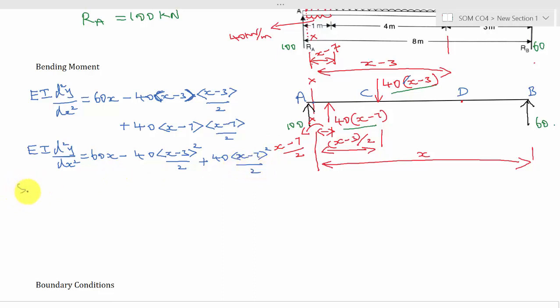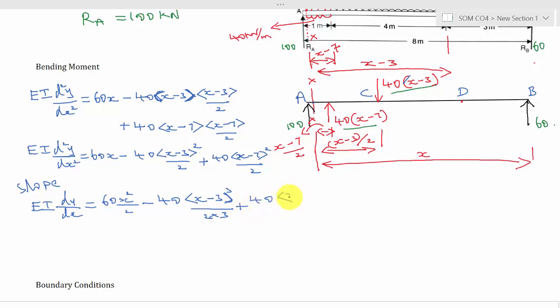So now the slope is EI dy by dx, that is equal to, so I am going to integrate this to get the dy by dx. It is 60 x square divided by 2 minus 40 (x minus 3) the whole cube divided by 2 into 3 plus 40 (x minus 7) the whole cube divided by 2 into 3 plus C1, the constant.